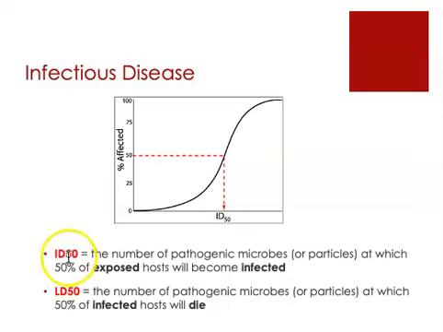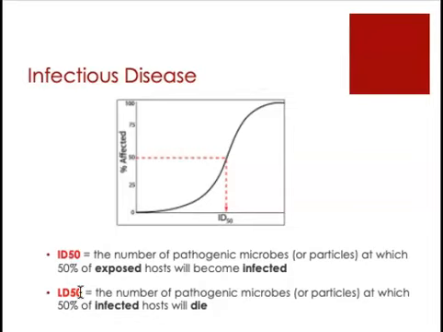What is the actual number that you need to expose people or other host organisms to so that 50% of those exposed will become infected? What is the number of cells or particles that you have to expose host organisms to so that 50% of them who've become infected will go on and die?